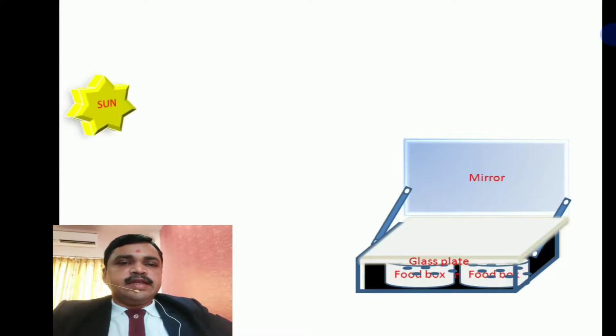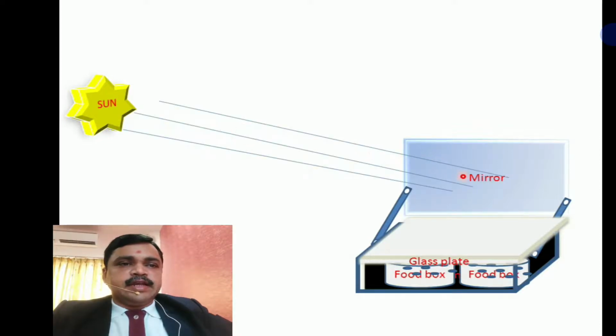And in a day where solar radiation takes place, the reflecting mirror reflects the radiation and it falls on the food box where our food is for cooking.